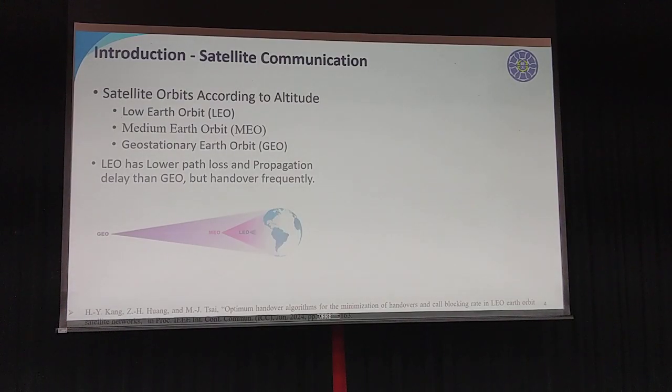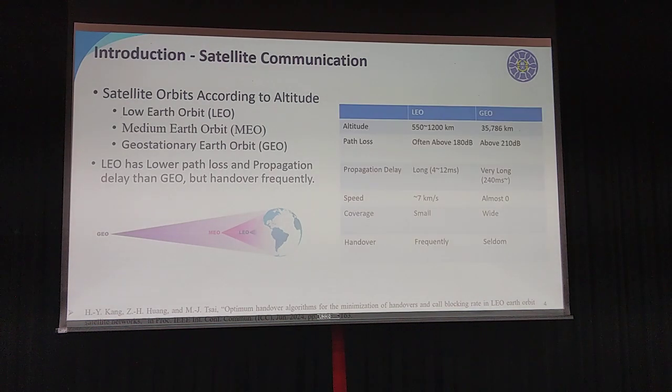First, let's understand the background knowledge of satellite communication. In satellite communication, satellites are classified into low Earth, medium Earth, and geostationary orbit based on their orbital altitude. Because low Earth orbit satellites are closer to Earth, LEO has lower path loss and propagation delay than GEO.